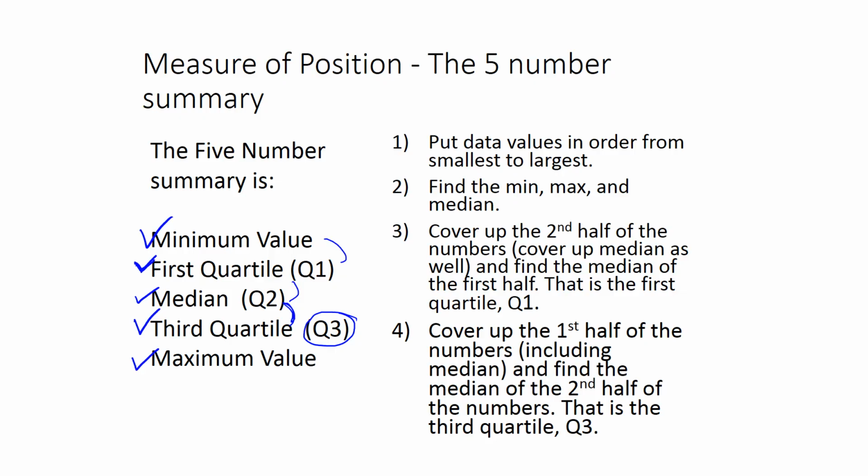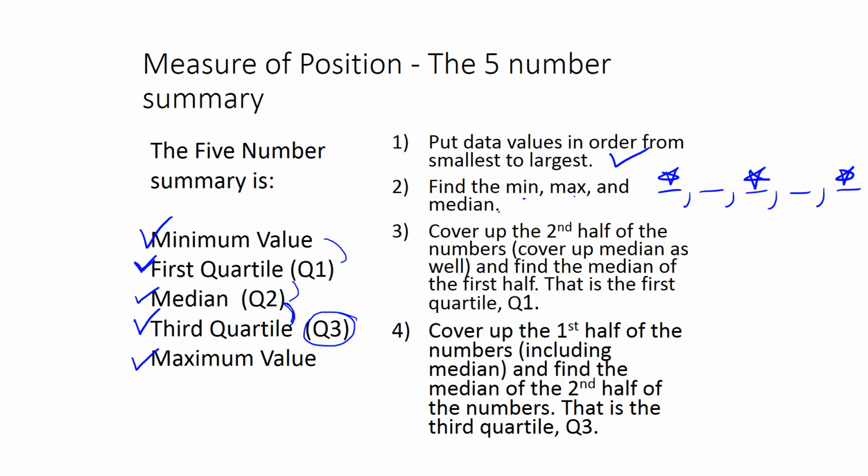So how we find the 5-number summary is we make sure, just like when you find the median, the data values have to be put in order. So we order them from smallest to largest. Then we find the min, the max, and the median, right? Because those are of the 5 numbers. The min, the max, and the median are easy to pick off.